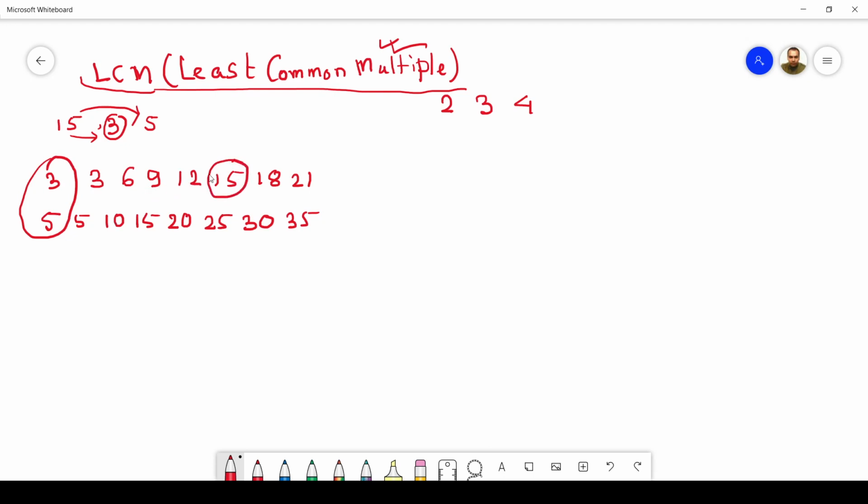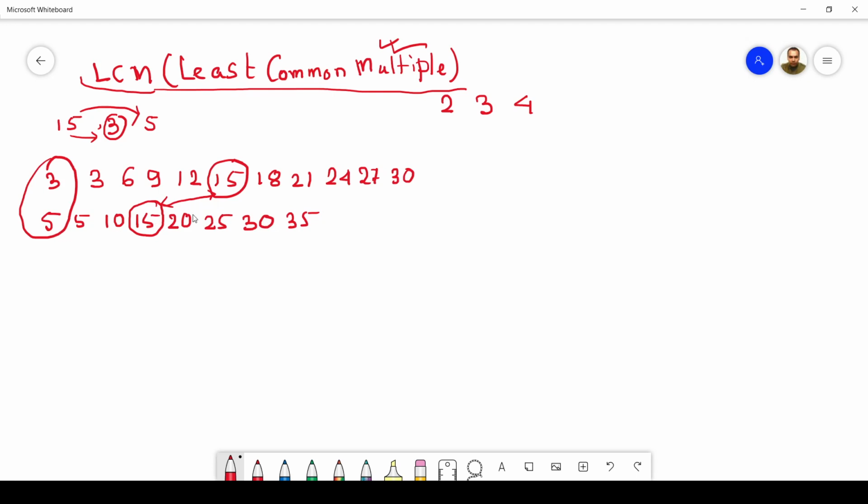Let us check 15. 15 is a multiple of 3 and also 15 is a multiple of 5. So 15 is the lowest multiple, the least multiple of both 3 and 5. 30 is another multiple of 3, and 30 is also a multiple of 5.